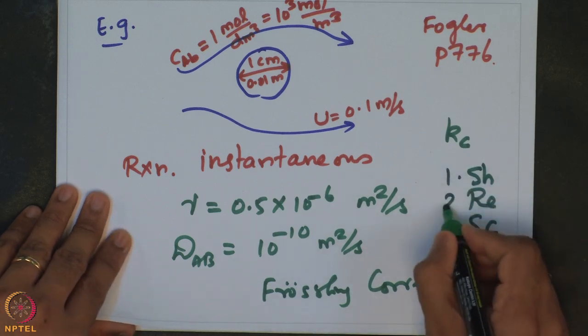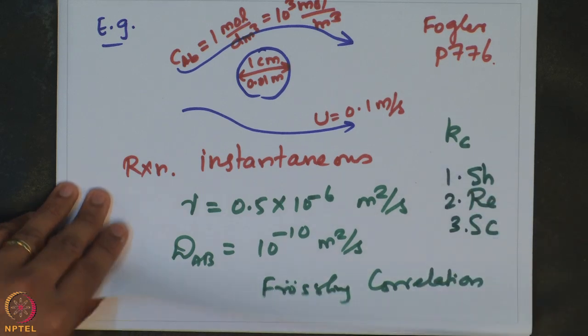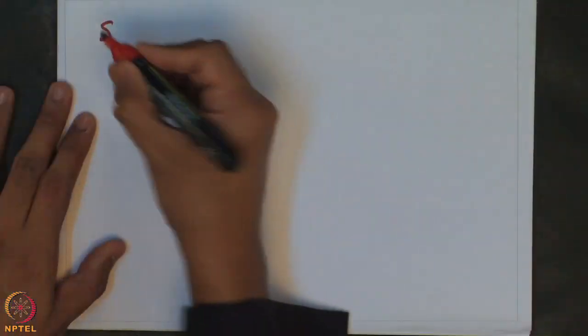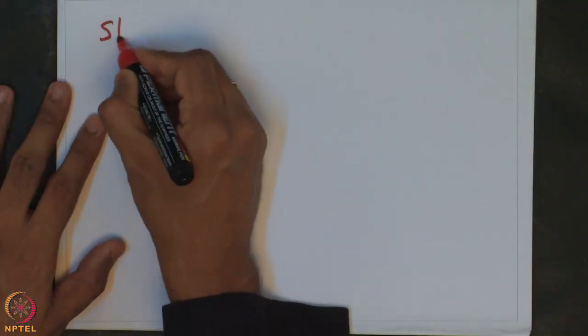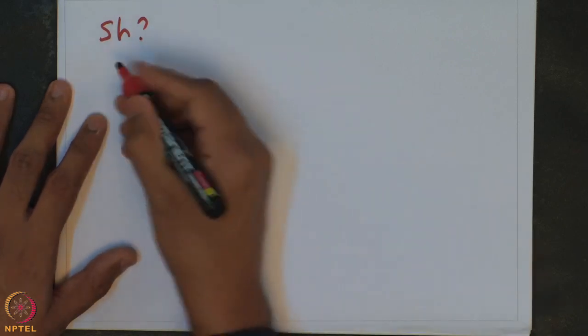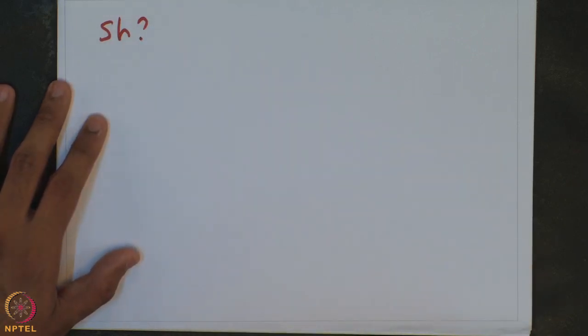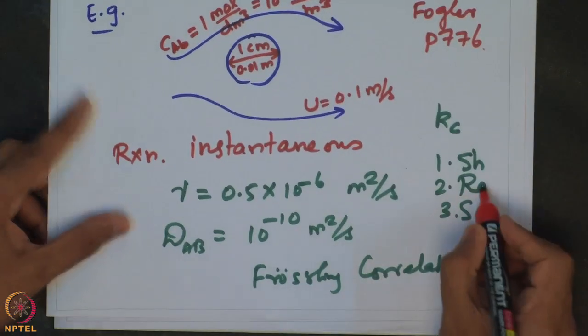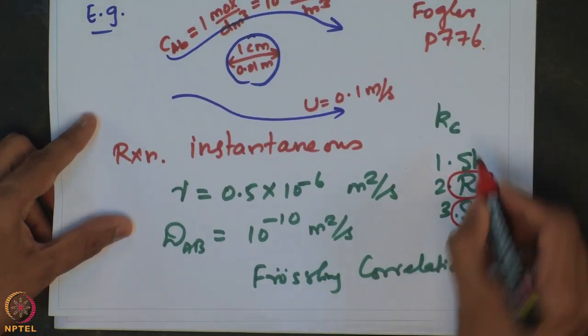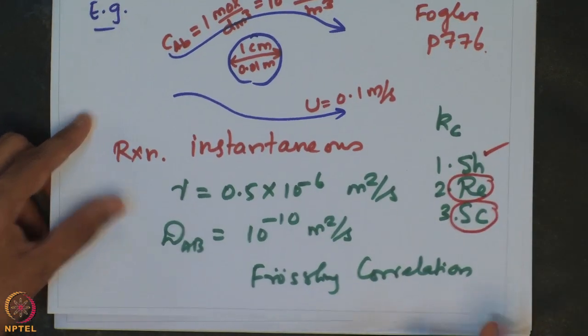These are the three quantities we need to estimate in order to use the correlation.